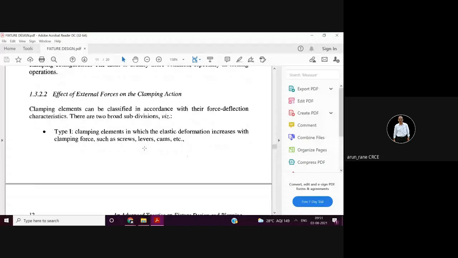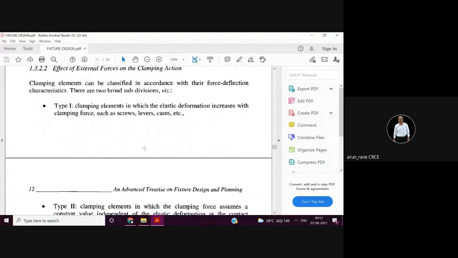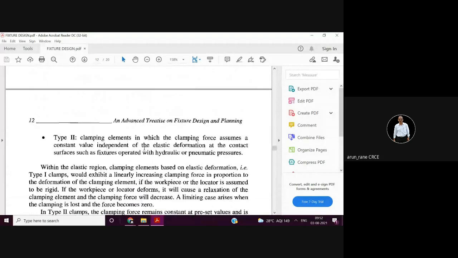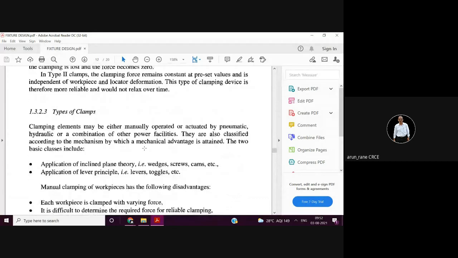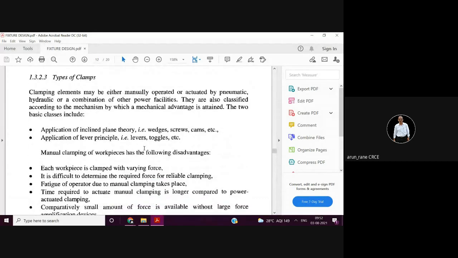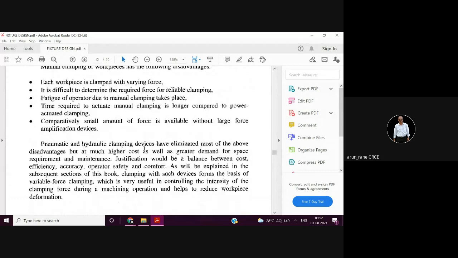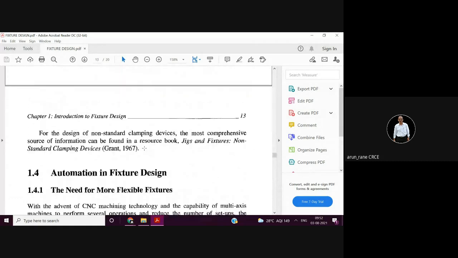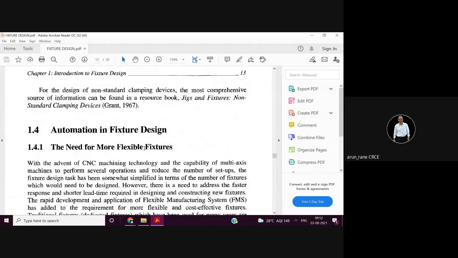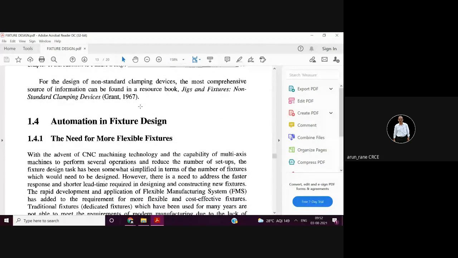Then you have to check the external forces. What are the different types of clamps which can be used? So those were the principles.